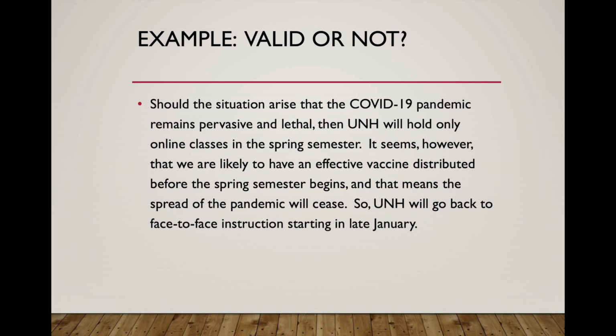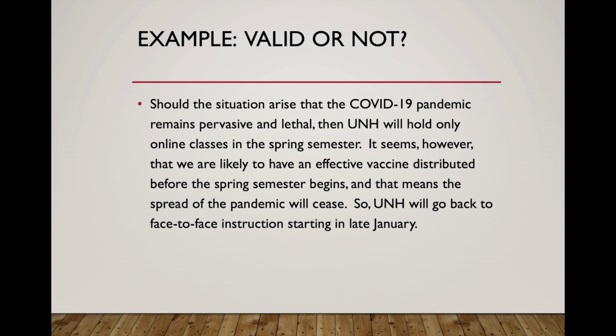And the second premise is the spread of the pandemic will cease. And the evidence in support of that second premise is we're likely to have an effective vaccine distributed before the spring semester begins. So that's the evidence in support of the truth of the second premise. But the second premise itself is the spread of the pandemic will cease.